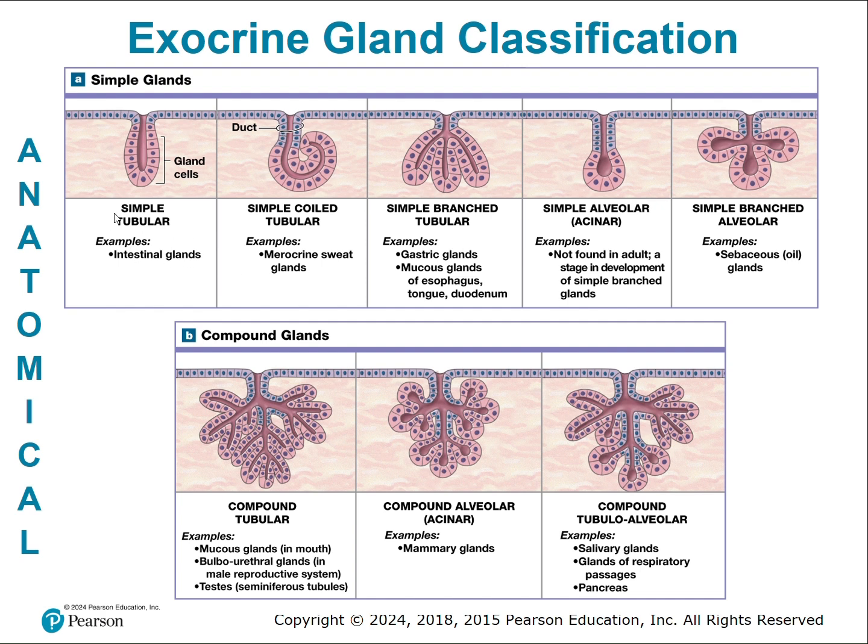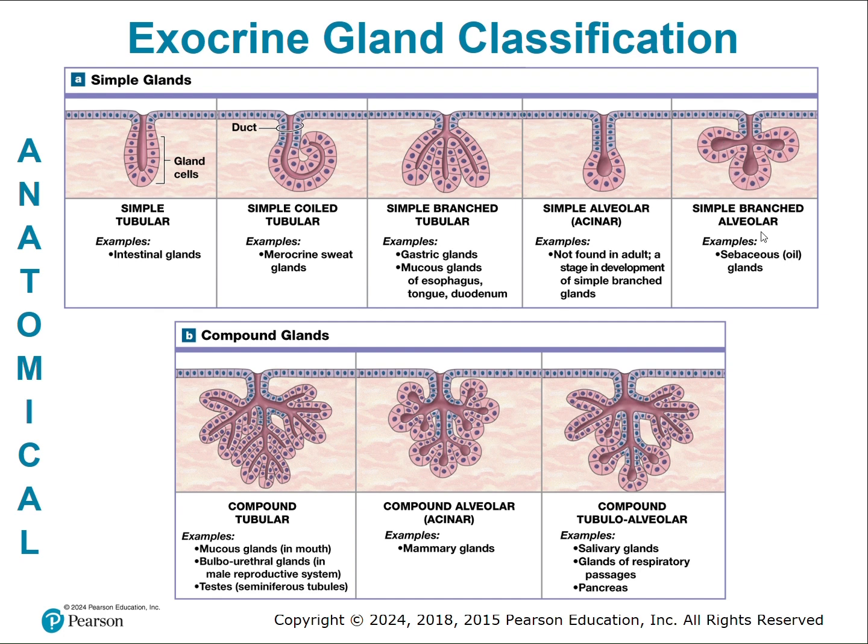So tubular, obviously this is going to be a tube-like shape. You also have a coiled shape that is still a single tube. You can have a branched tubular, so all of these are tubes, but they're all branched from a single duct. And alveolar or acinar, the alveolar or acinar are basically sphere-shaped, kind of like bulbs that are going to be on there. And then we have a simple branched alveolar.